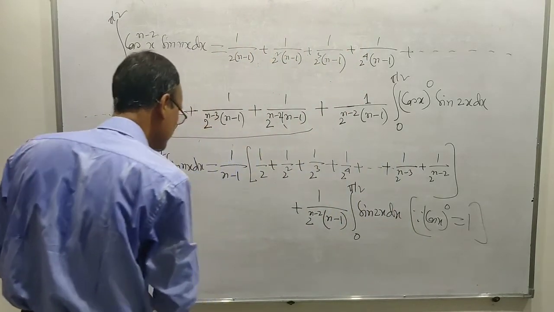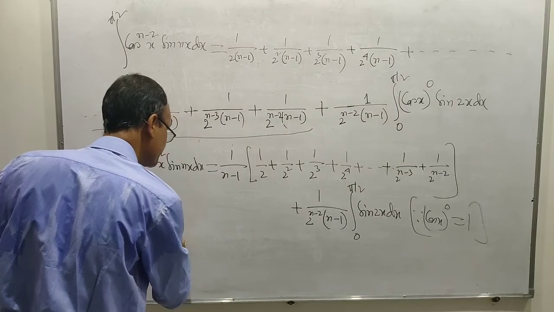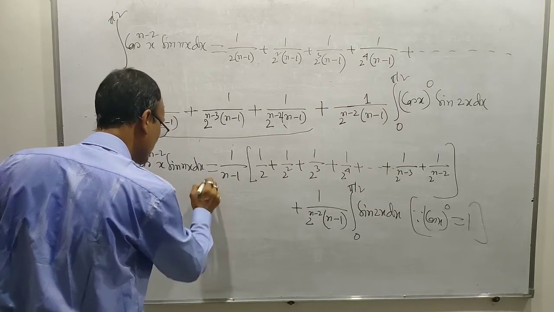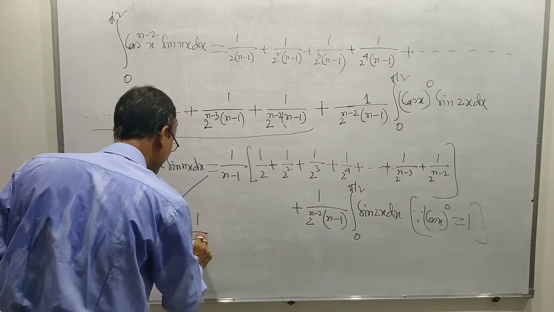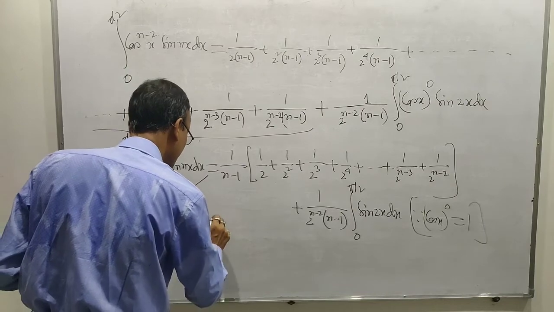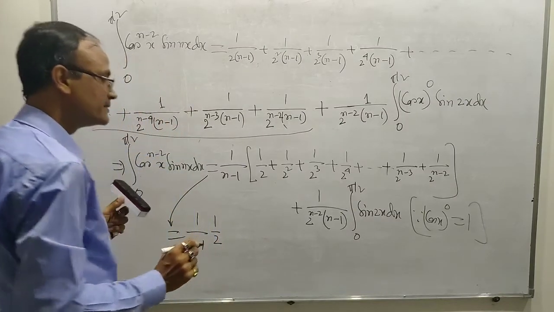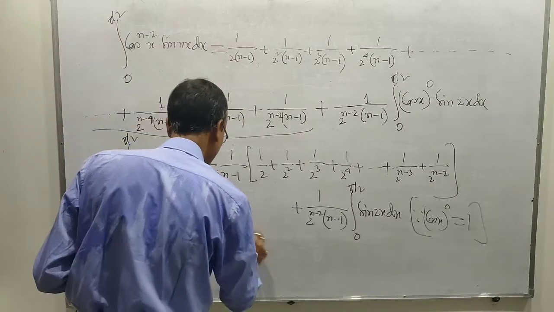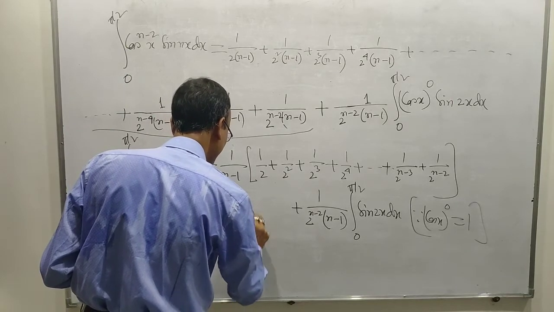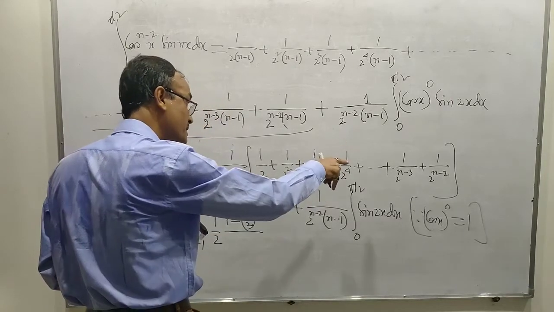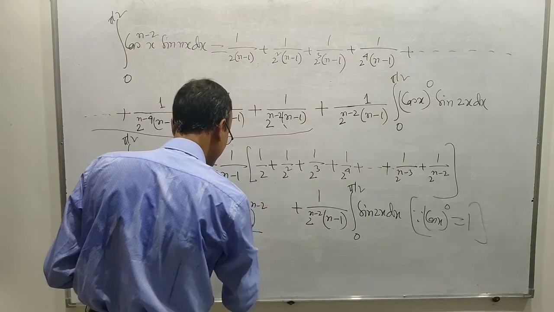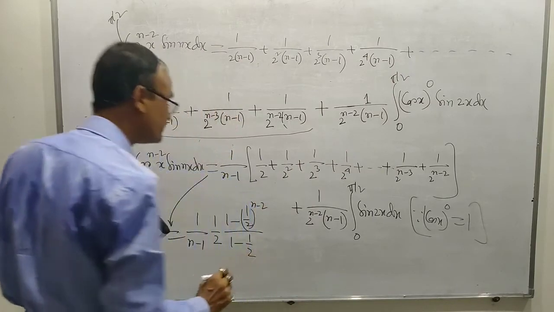Then you will get this is equal to 1 by n minus 1, a into 1 minus r to the power n. Here the number of terms is n minus 2, divided by 1 minus half.